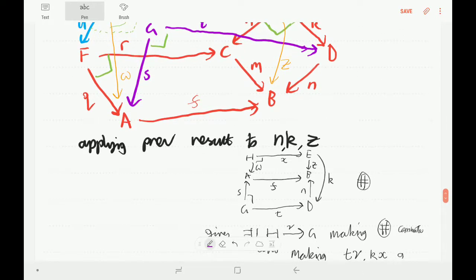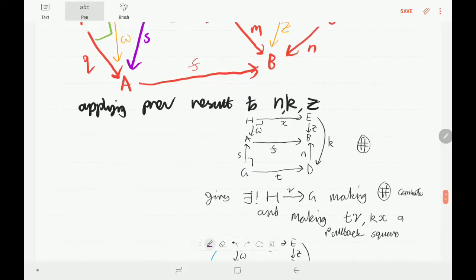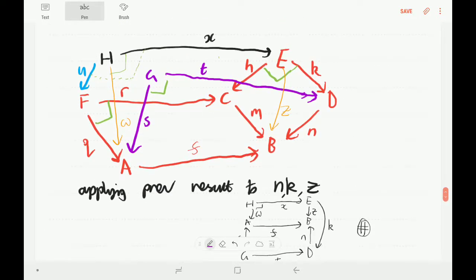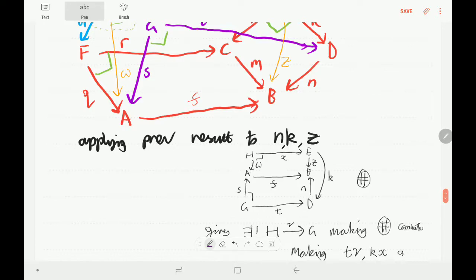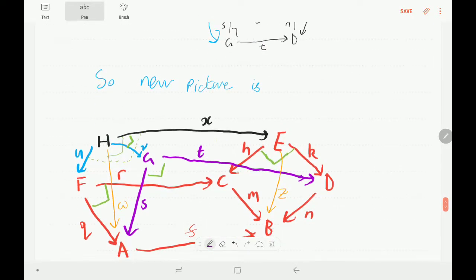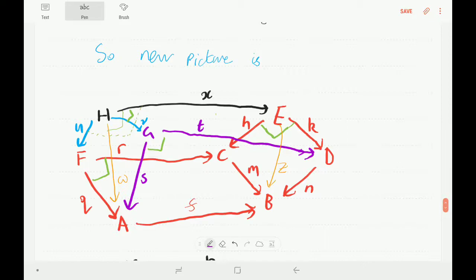We have this picture, which again is ideal for applying the previous result. So we can draw in that arrow there. We know that diagram commutes, and we also know that the outer perimeter of it, KXTV, forms a pullback. So now our new picture has this extra pullback, and we've got V.